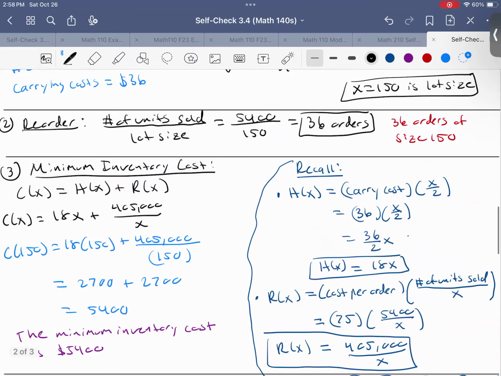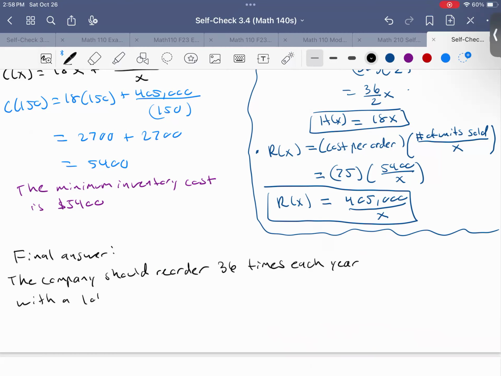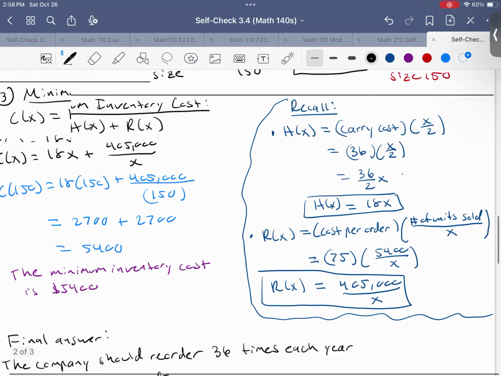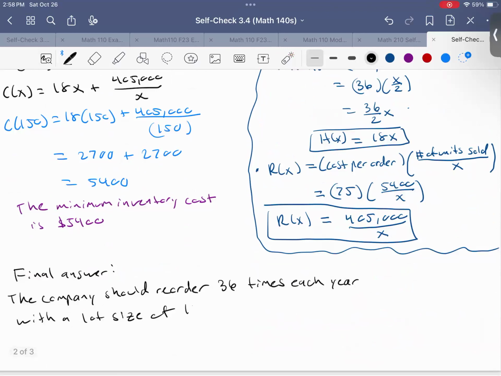How many times should we reorder? 36 times each year, with a lot size of how much? 150, to have a minimum inventory cost of $5,400 that we just found.